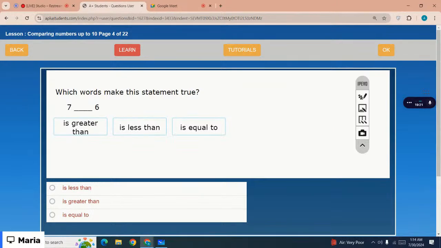The correct option is 7 is greater than 6, right? When you count, you have 6 first, then 7.